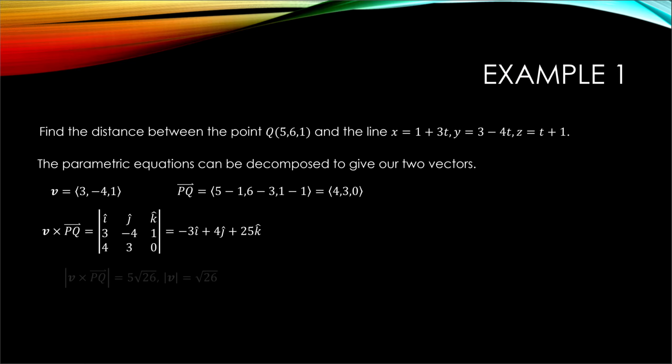The magnitude of this vector is equal to 5 times the square root of 26 once I simplify it. The magnitude of my vector v is the square root of 26, so my distance between the point Q and the line given by the parametric equations becomes 5 square root of 26 over square root of 26, or it simplifies to 5.